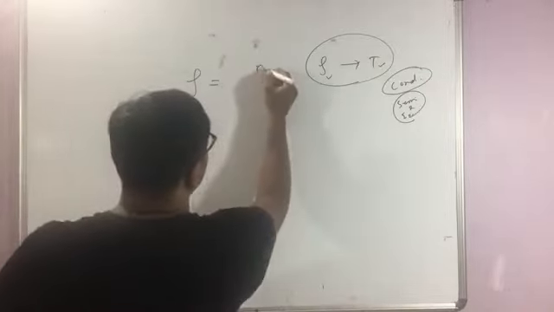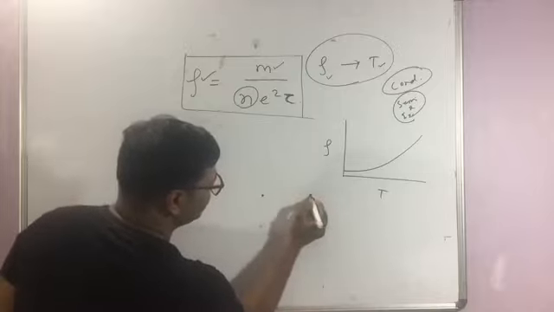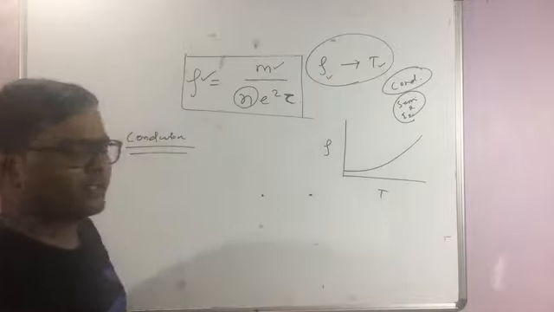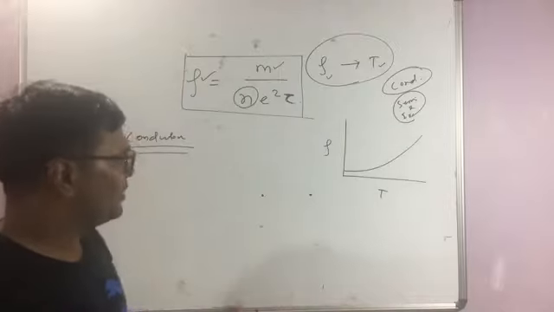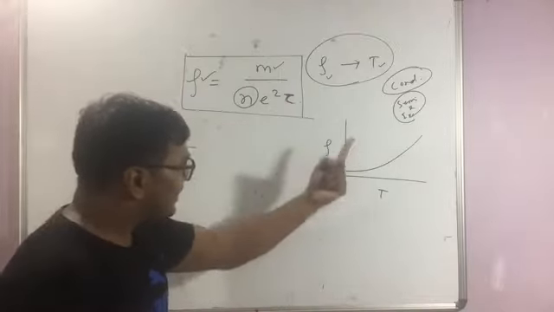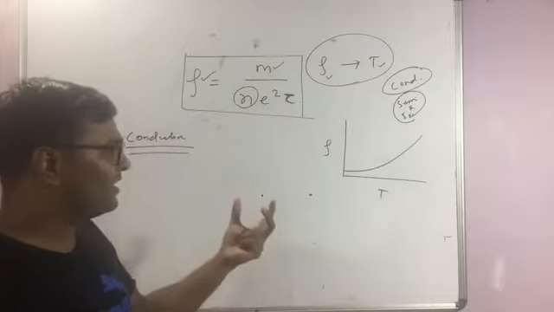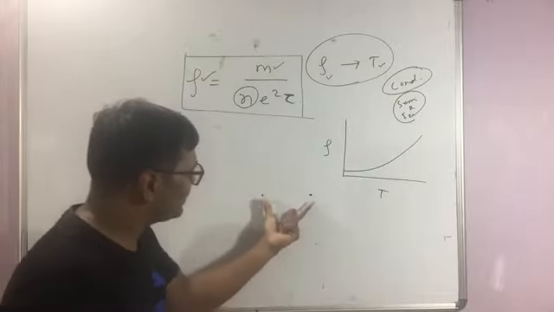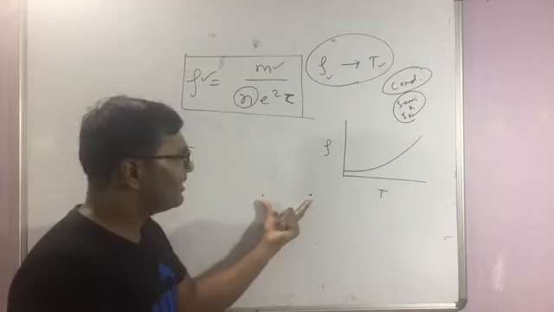Let us come to the relaxation time. If you increase the temperature, the thermal motion of all the electrons increases. Suppose one electron is moving from this point to this point and it gets collided. That is the concept of resistance. With the increase in temperature, as their thermal speed increases, this gap is covered very rapidly.